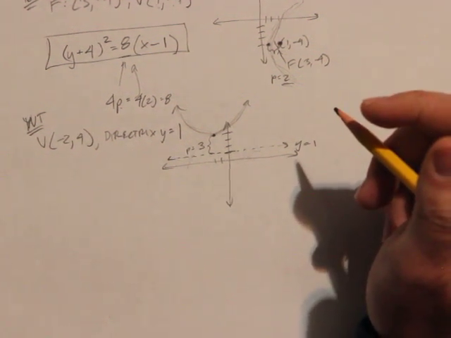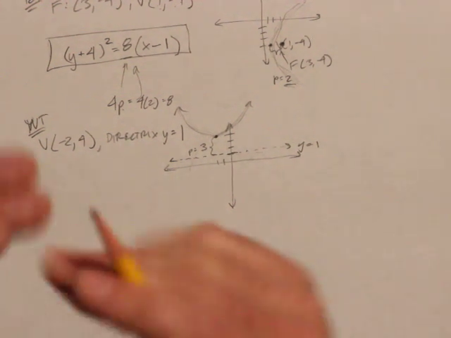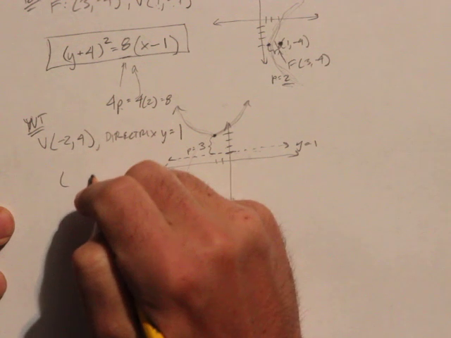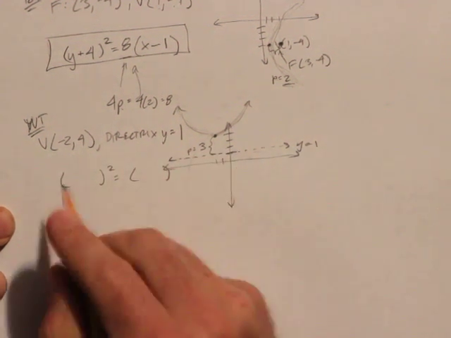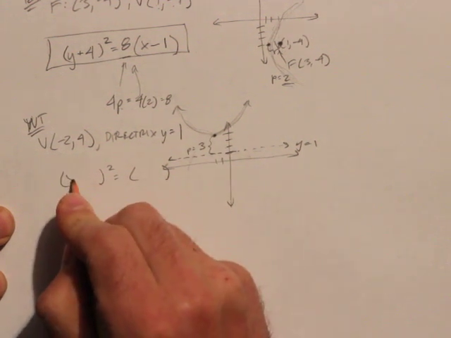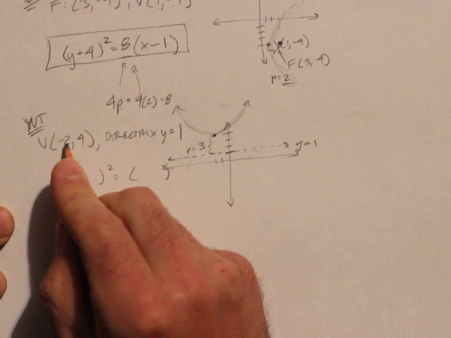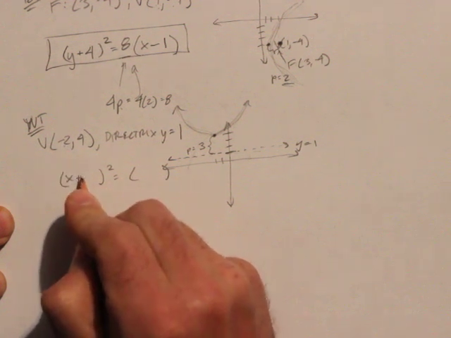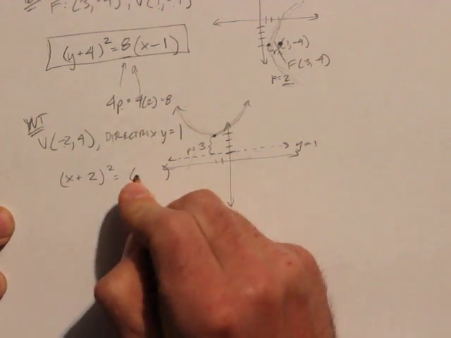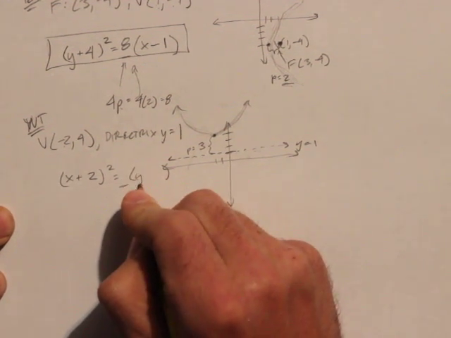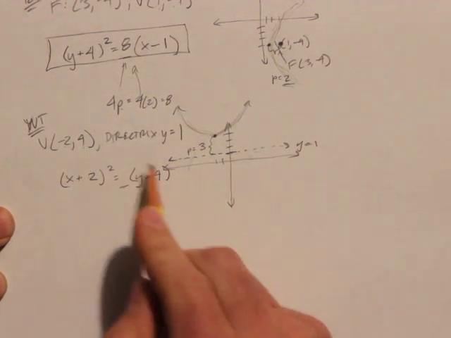Okay, so I think that I have all the information I need here. It opens up and down, so that means that x is going to be squared because it opens up or down. My vertex, my x value is -2, so that means I say x plus 2, taking the opposite, equals something times (y minus 4), because my y value is 4.